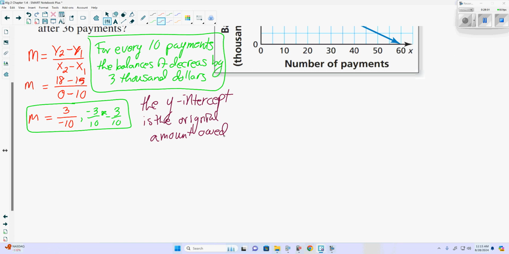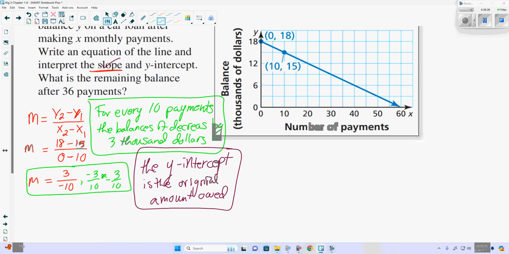That's where whatever we owed on the car loan began. Because at the y-intercept, our x is 0, so the number of payments we made is 0. So it's however much we took the loan out for is our y-intercept. Does that make sense? All right. So, slope done.